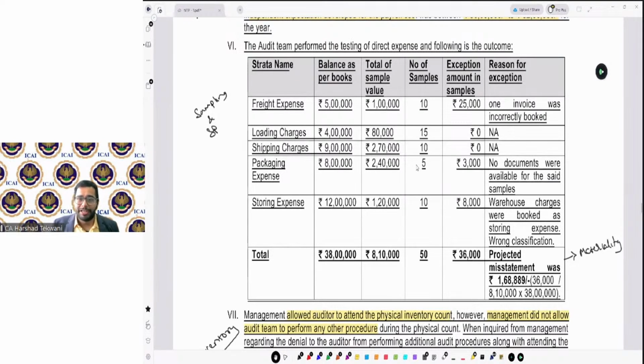Do you think this is the correct way of projecting misstatement? Come on, guys, quickly.